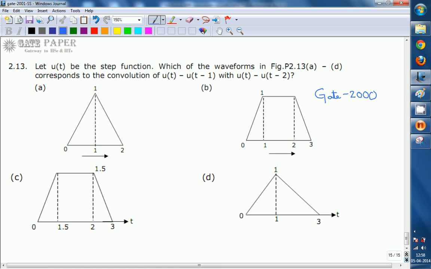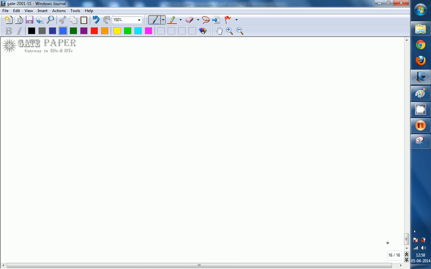We need to find the convolution between u of t minus 1 and u of t minus 2. So let us consider x1 of t equals u of t minus 1 and x2 of t equals u of t minus 2, as given here.